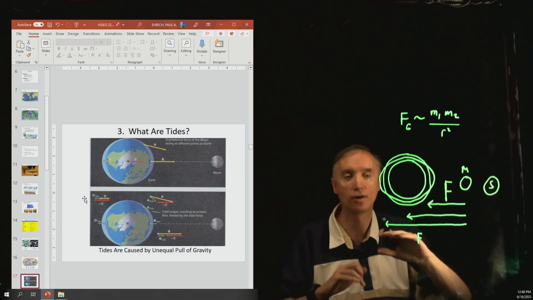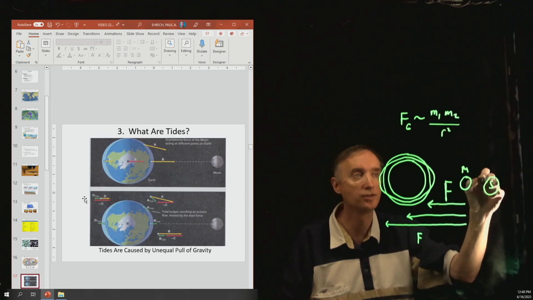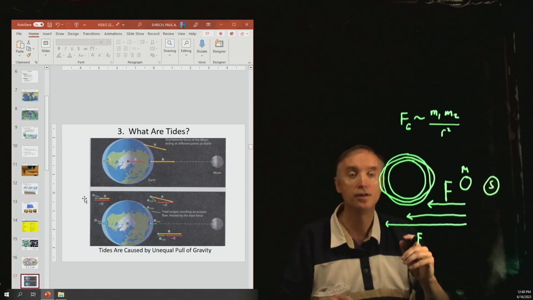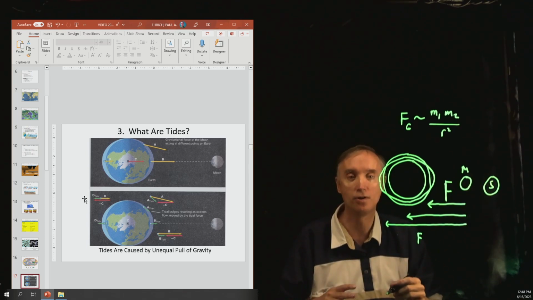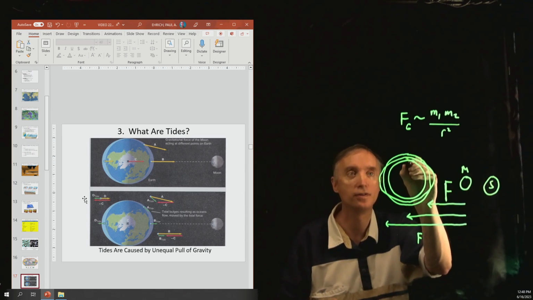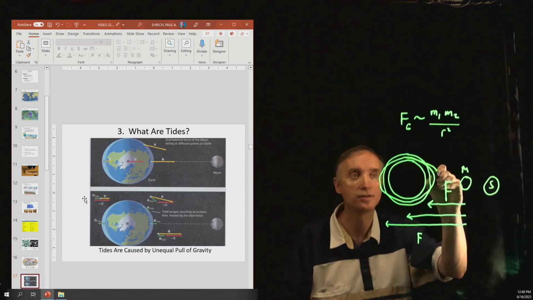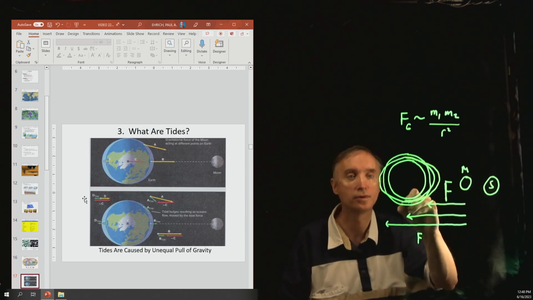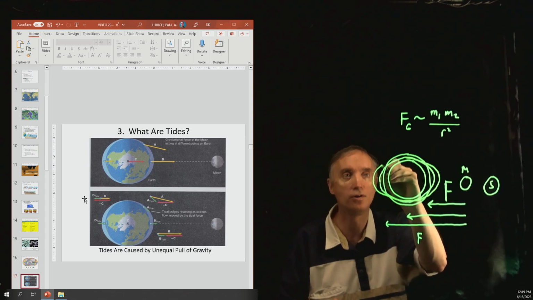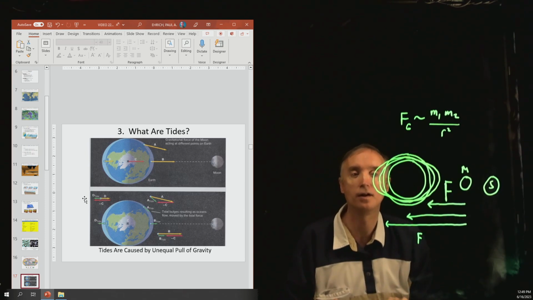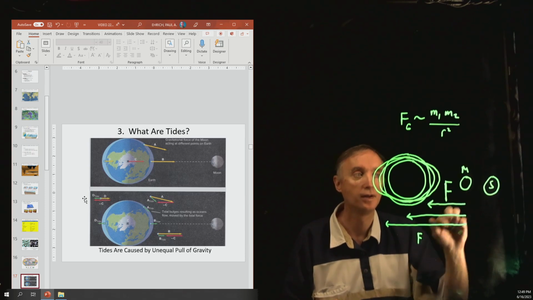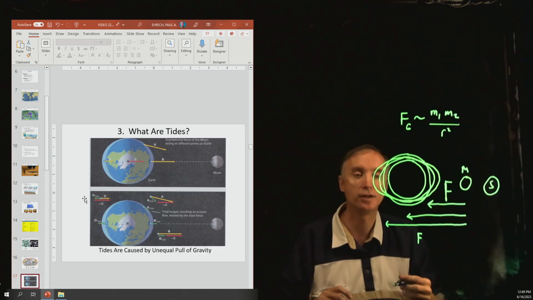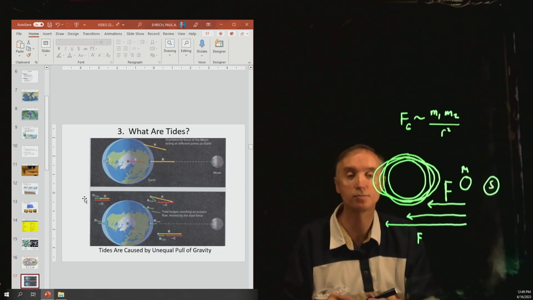Now this again is greatly exaggerated, but then you would have extra tall tides. So the tides might look something like this. They would be extra tall on both sides of the Earth, and that's going to be called a spring tide. So a spring tide.